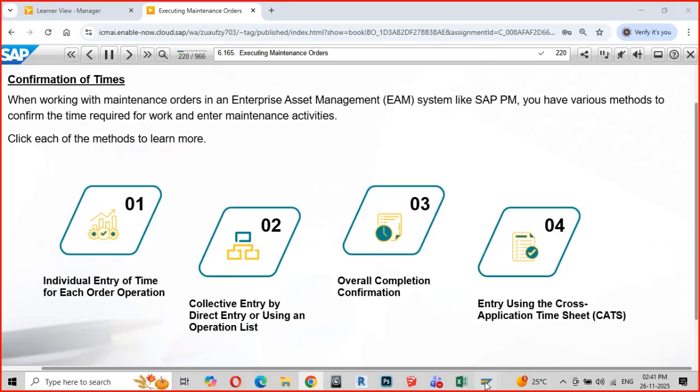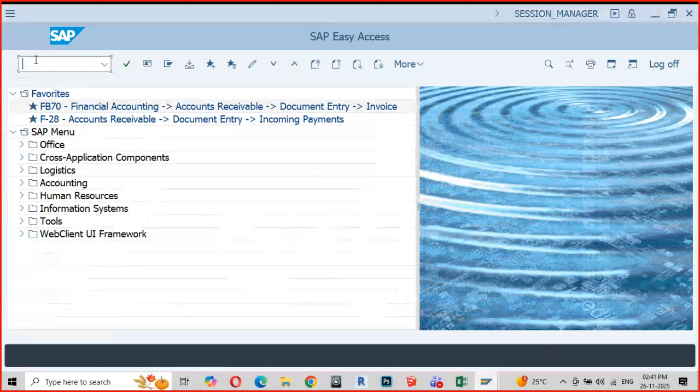I was about to show you what is CATS. Cross application timesheet is your CATS. This is exactly how we used to record our attendance, how we have spent time on the project.